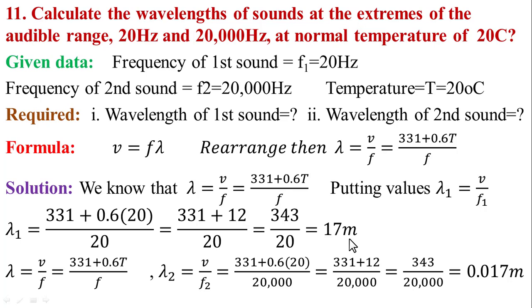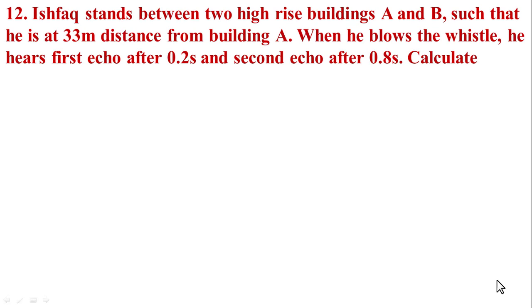Now calculate the wavelength lambda 2, that is equal to V upon f2, so 331 plus 0.6 into 20, divided by 20,000. So 20 multiplied by 0.6 is equal to 12, and 331 plus 12 is equal to 343, divided by 20,000. So lambda 2 is equal to 0.017 meter.